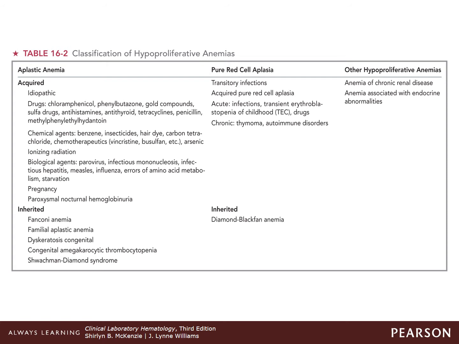And there is always another type of hypoproliferative anemia, which usually causes some kind of renal disease or other endocrine abnormality that causes a decrease in usually EPO or production of red cells.